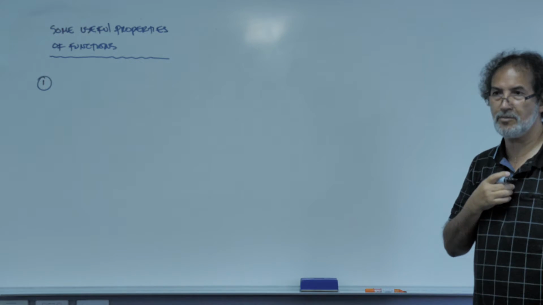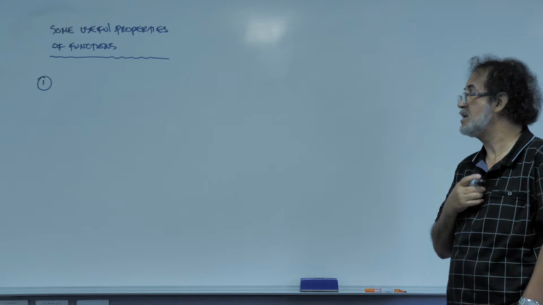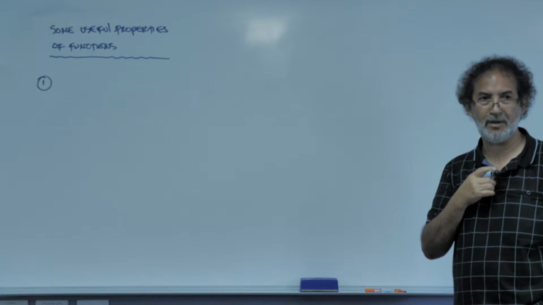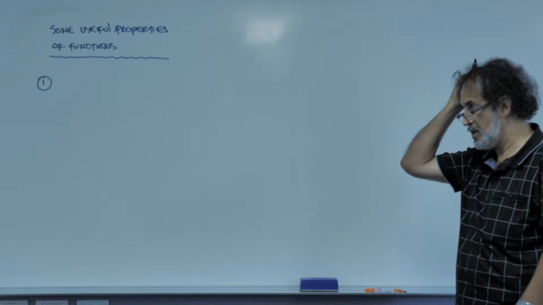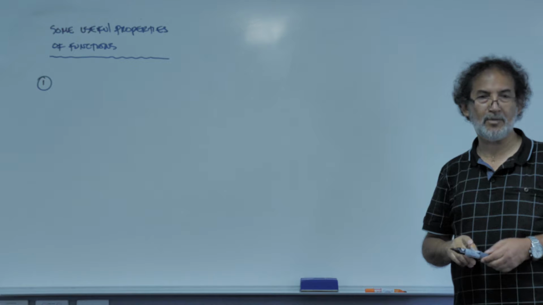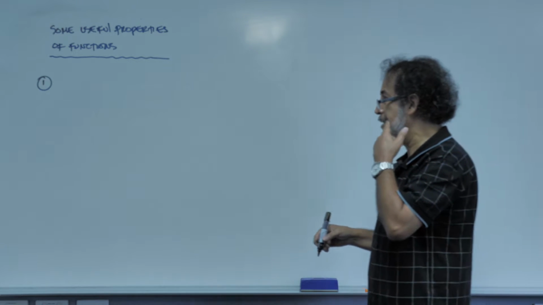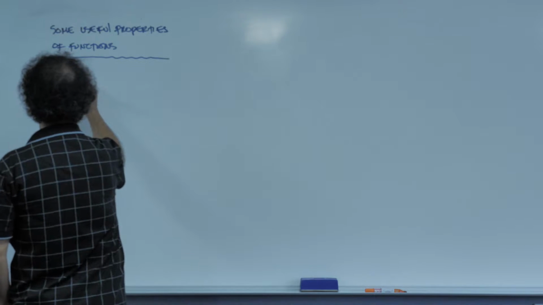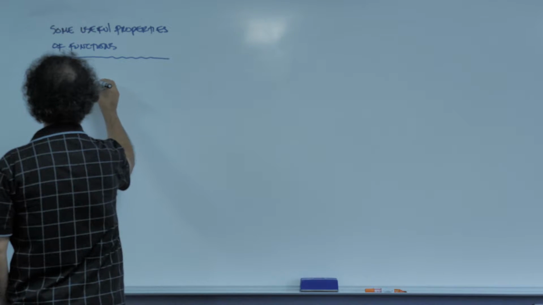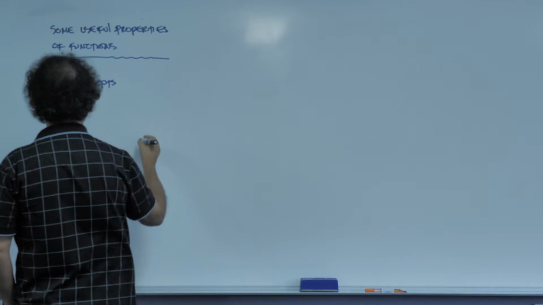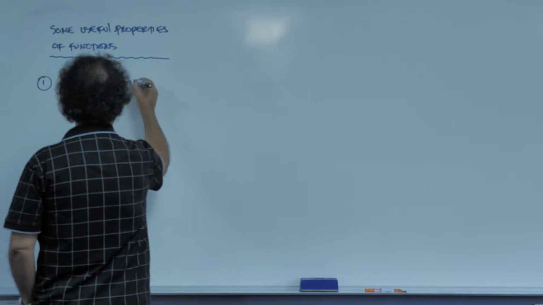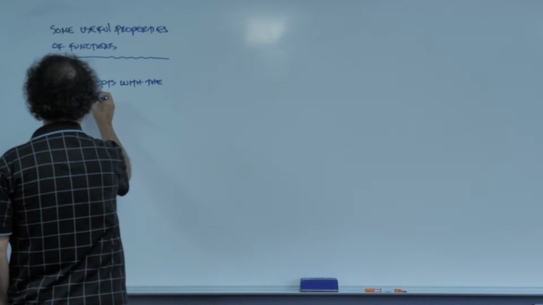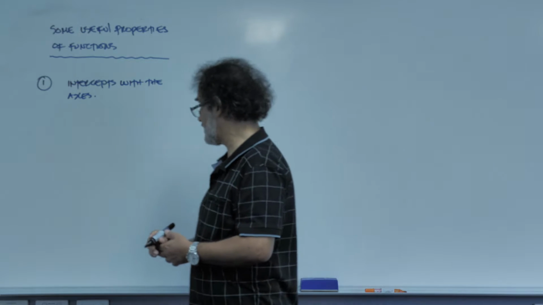We're going to go through some useful properties of functions. Obviously, there are many more, but we're going to start with the more elementary ones, and then we're going to do the others. Okay, so the first one is about the intercept, the intercept with the axis.